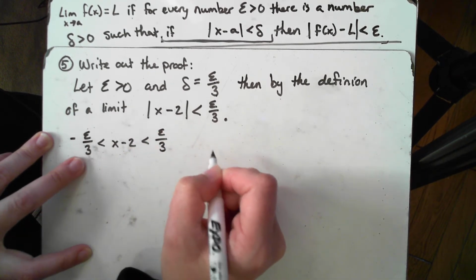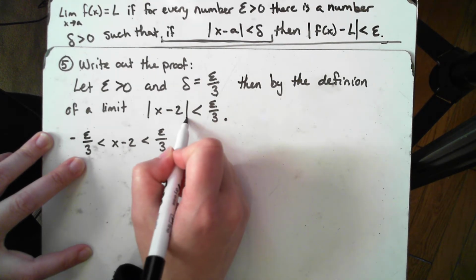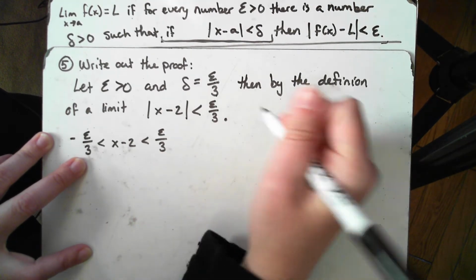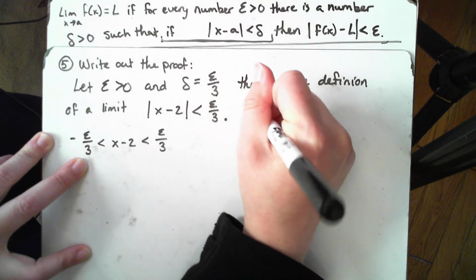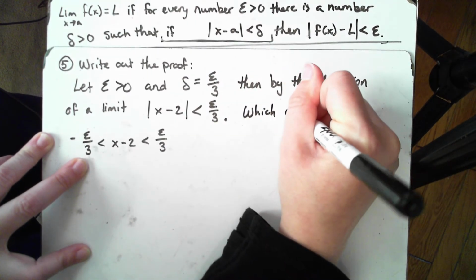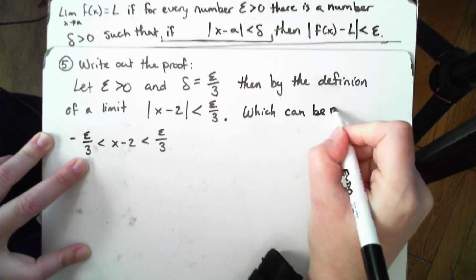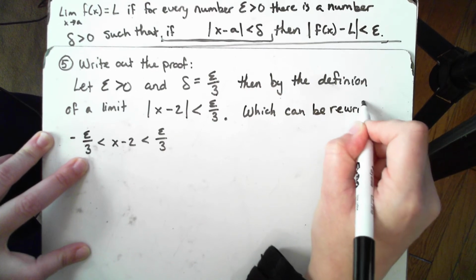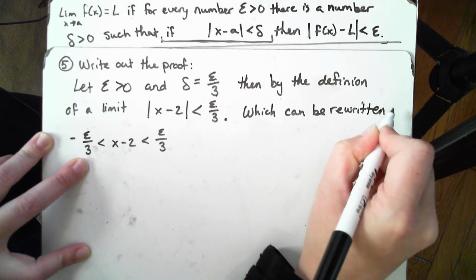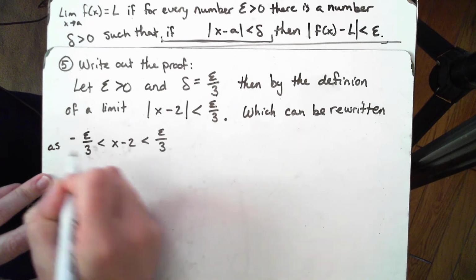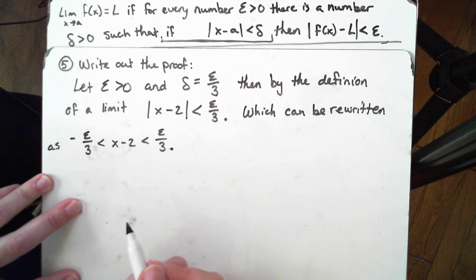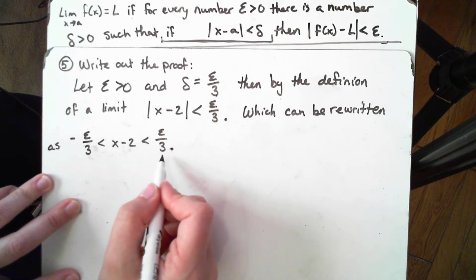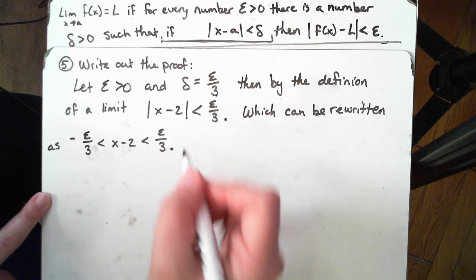And we can do this because of these absolute value symbols. So I can write this, which can be rewritten as this. I'm going to multiply by 3 in every spot here.